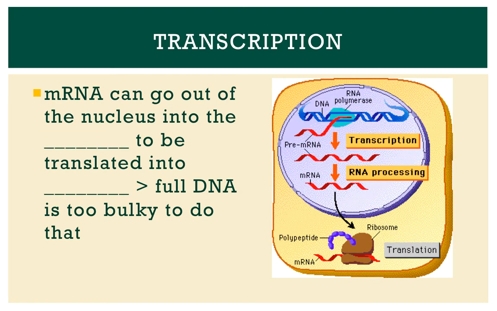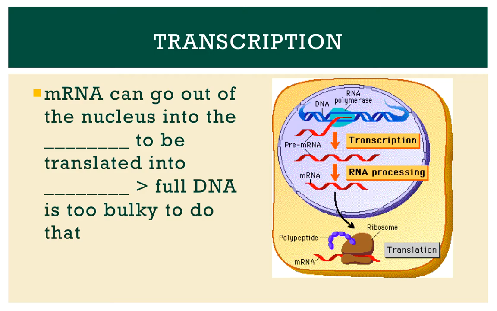Then mRNA can transport itself out of the nucleus into the cytoplasm to be translated into proteins or amino acids. Full DNA is too bulky to do that. It's too big of a chemical compound to exit the nucleus.